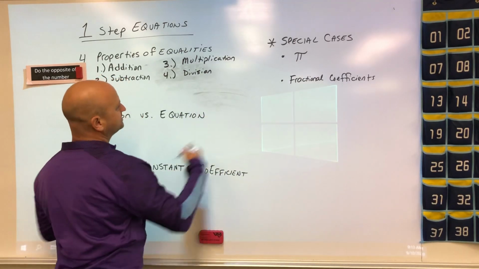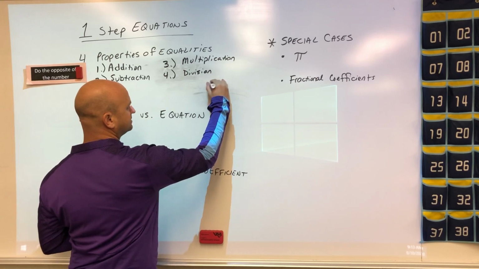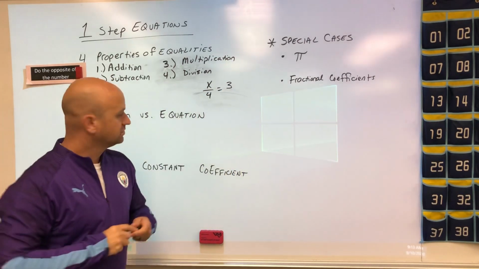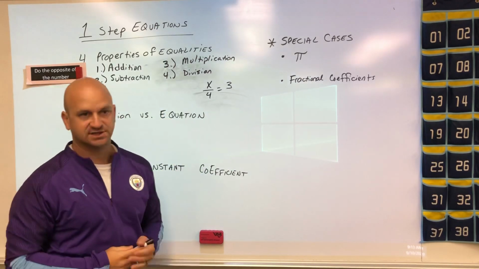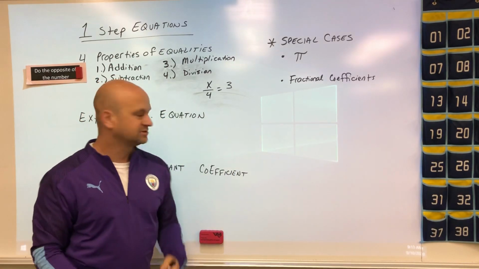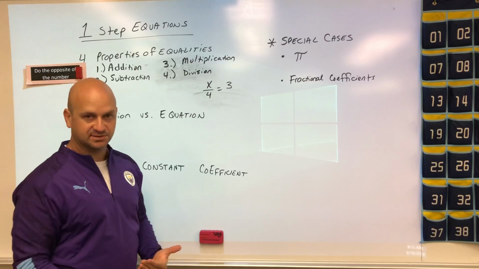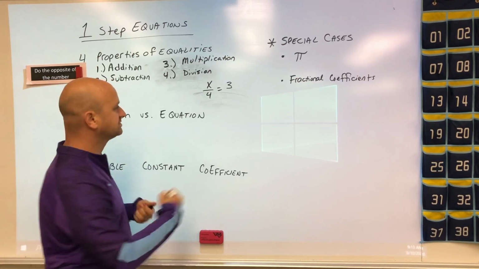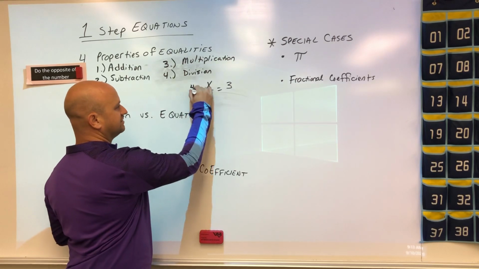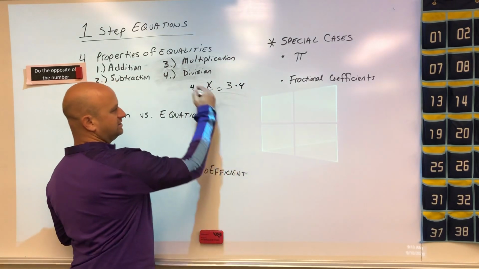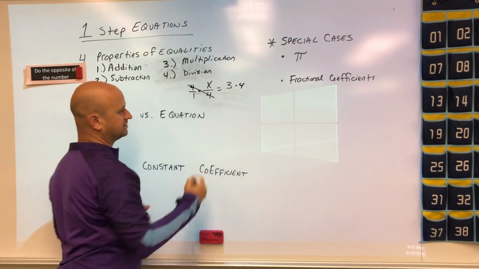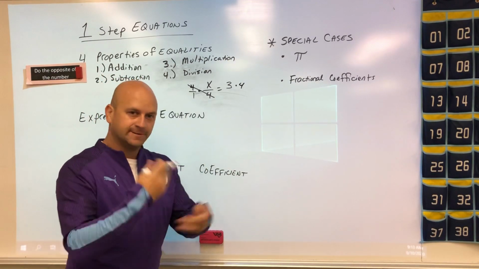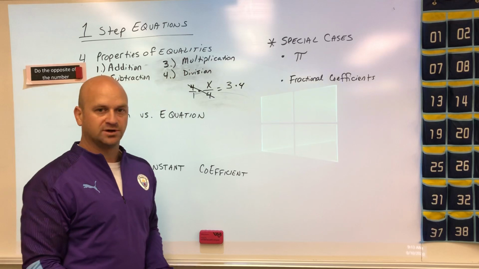All right, now what happens if we get something like this? Okay? So what are we doing to x in this case? We're dividing it by 4, right? So how do we undo divide by 4? We multiply both sides by 4, and when we do that, this cancels out because it becomes 4 over 1 times 1 over 4, and when you multiply the reciprocals, they equal 1.